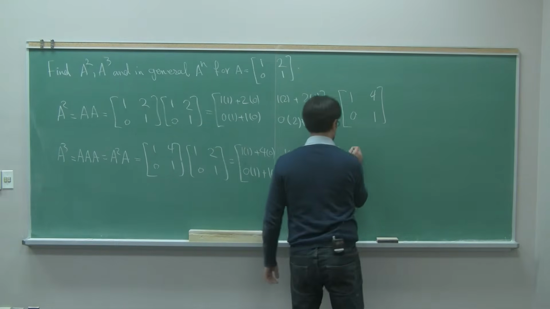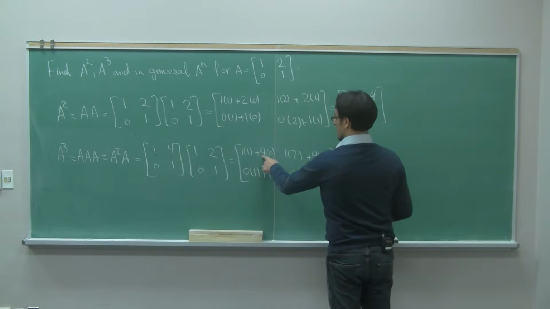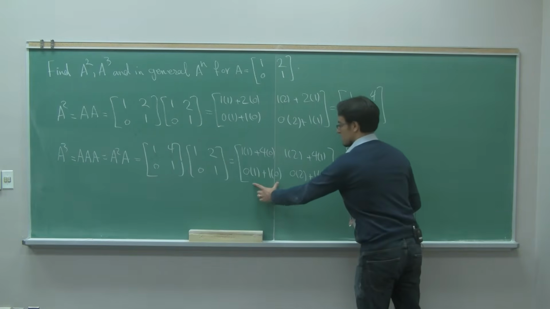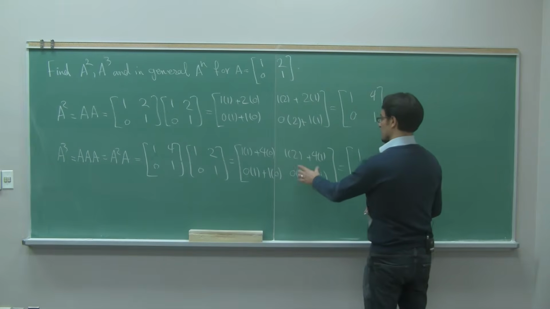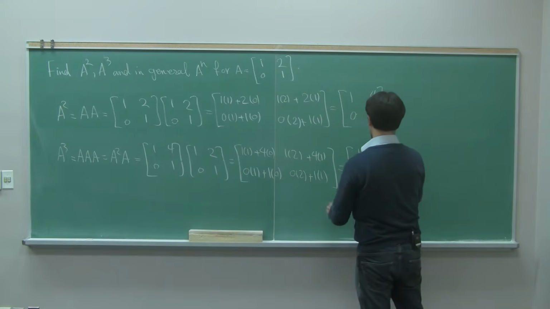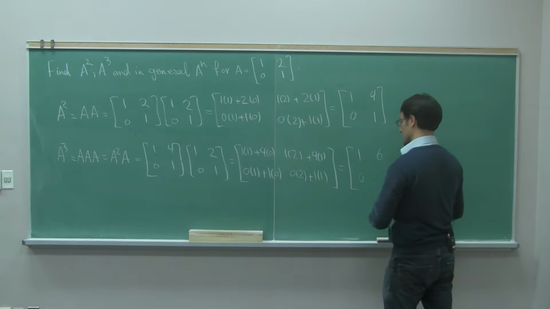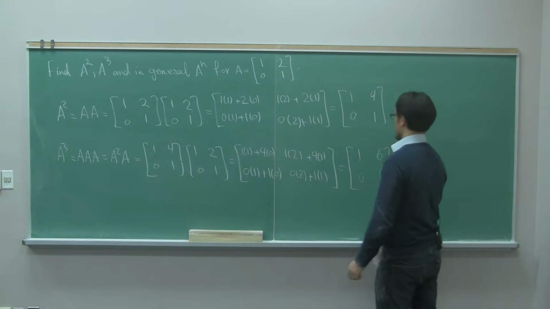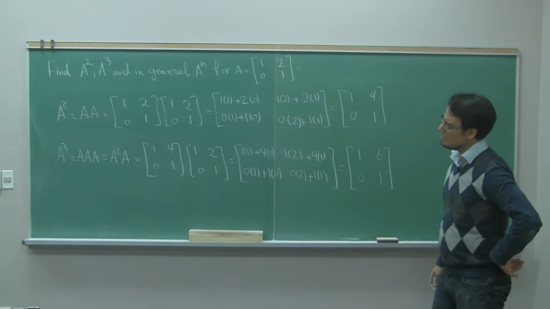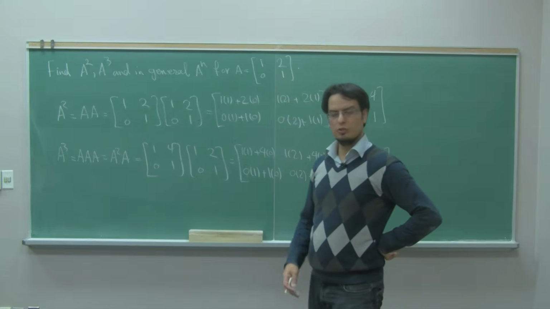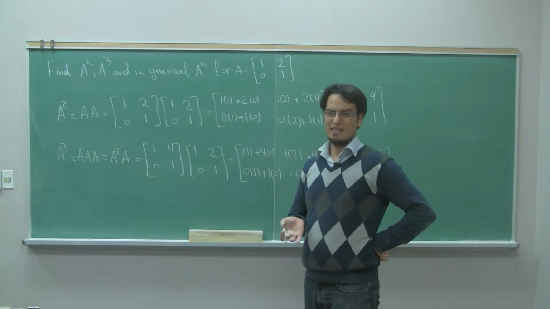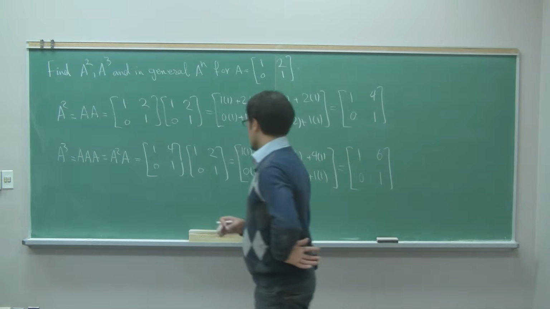The result is 1 plus 0 is 1, this is 0, 2 plus 4 is 6, and 0 plus 1 is 1. Well, maybe I need one more to see what the pattern is.